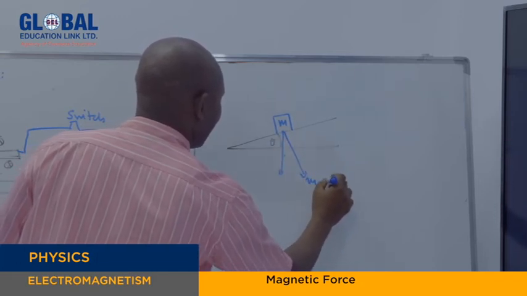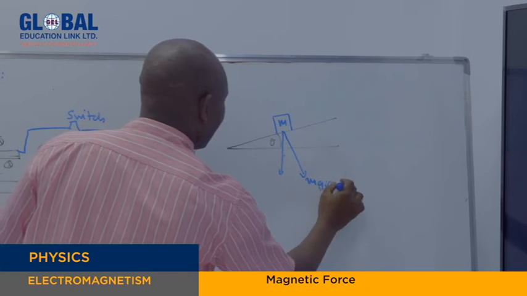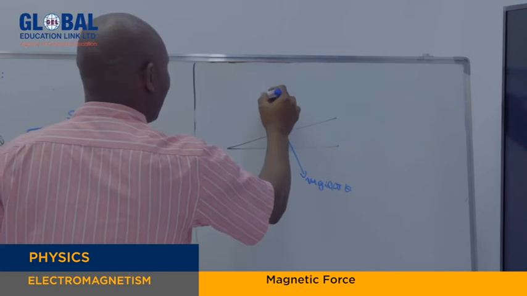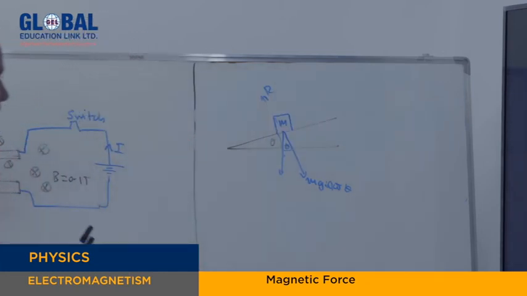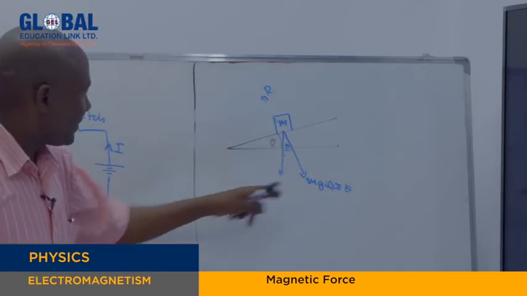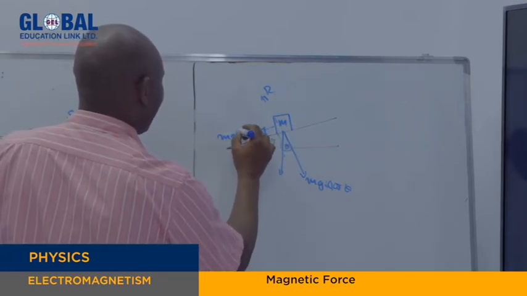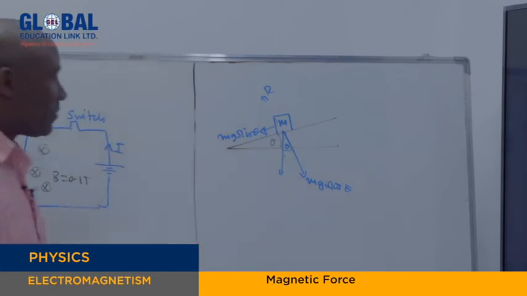This component is mg cos theta, and this is the reaction R. This one is mg sine theta. These are the components of the weight.